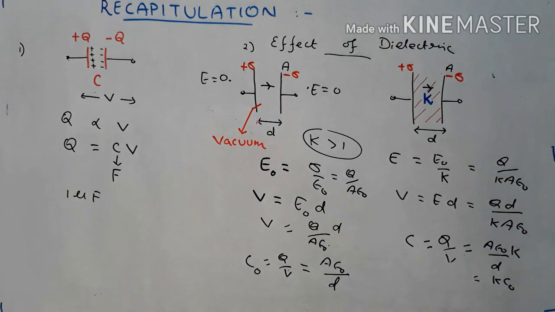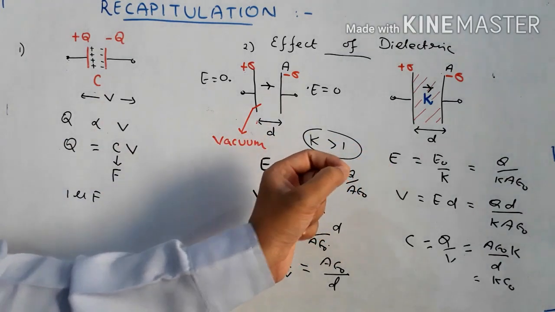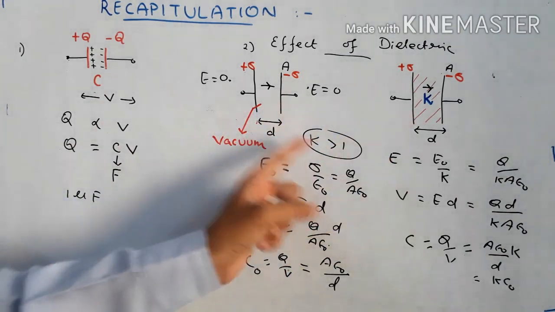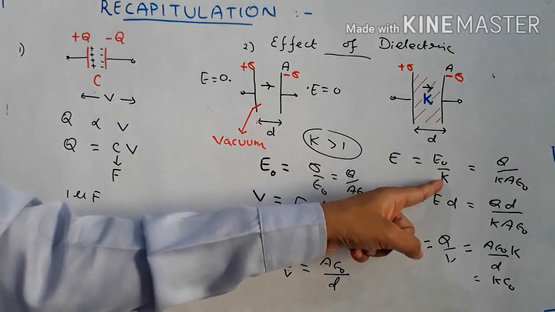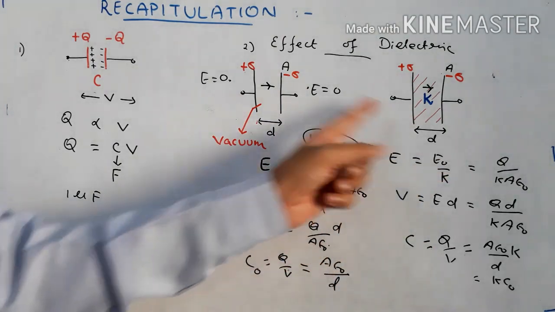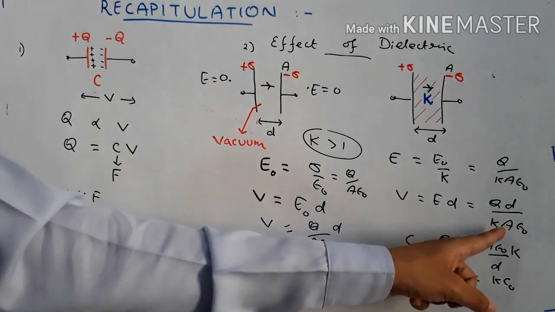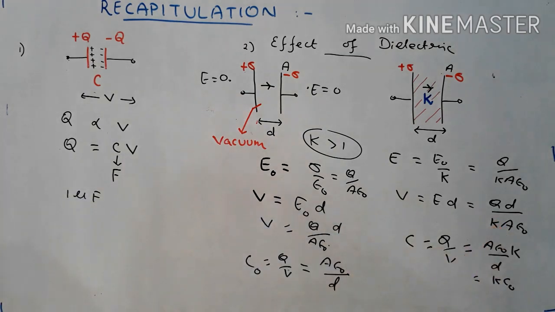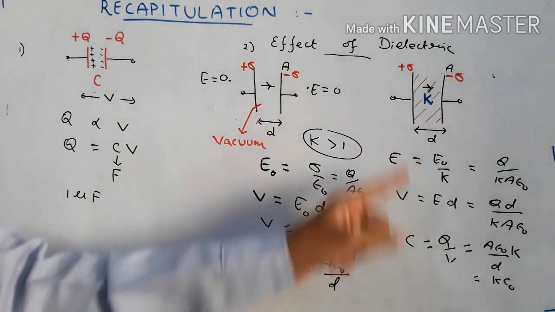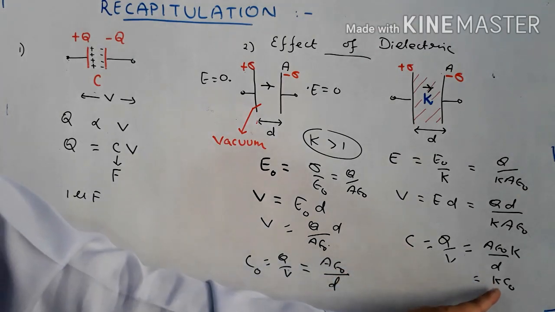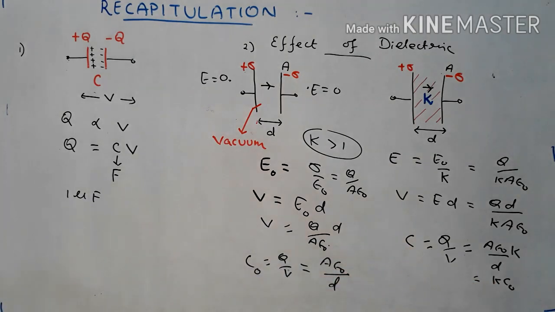So what do we find? You should write these statements also on comparing. The electric field is reduced by a factor of K, the potential difference between the plates is reduced by a factor of K, and the capacitance of the parallel plate capacitor is increased by a factor of K.